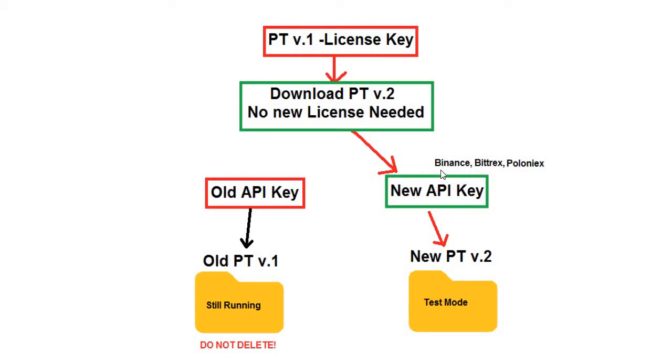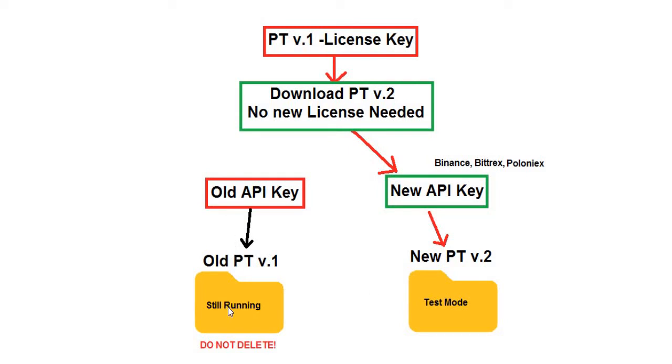For example, I have Binance. If I have one Binance account that's already running PT1, I do not want to run PT2 on the same account live. Now, I can run PT2 in test mode so that it doesn't affect the buys and sells of PT1 because they're sharing the same account.